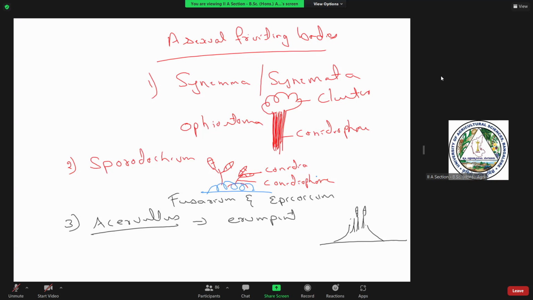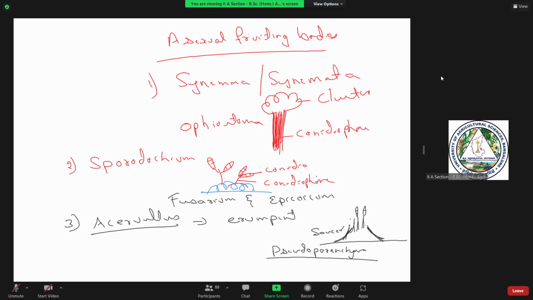Often these are saucer-shaped, depressed, and it is an aggregation of so-called pseudoparenchyma, which resembles parenchymatous tissue but is a false parenchymatous tissue.